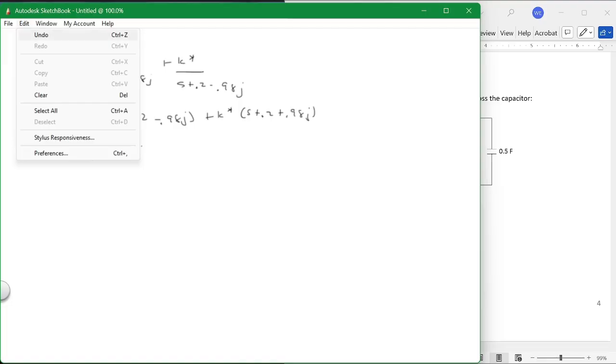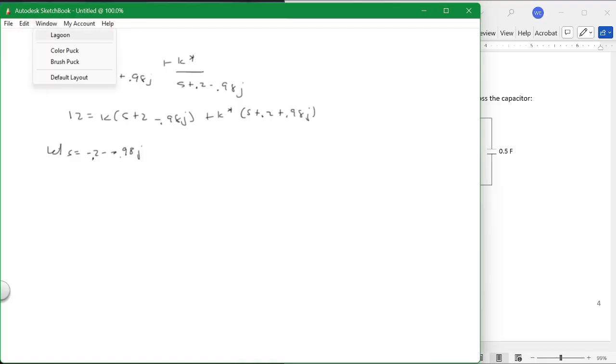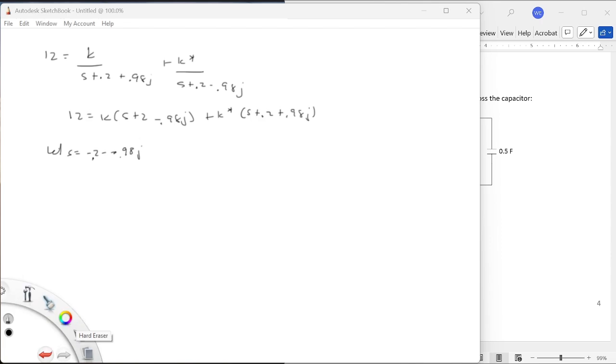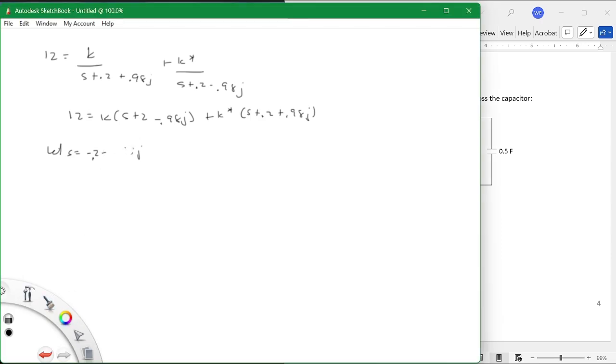And I don't want minus and a minus, I want... and I get k is equal to 12 over minus 1.96j, or 6.12 at angle 90 degrees.